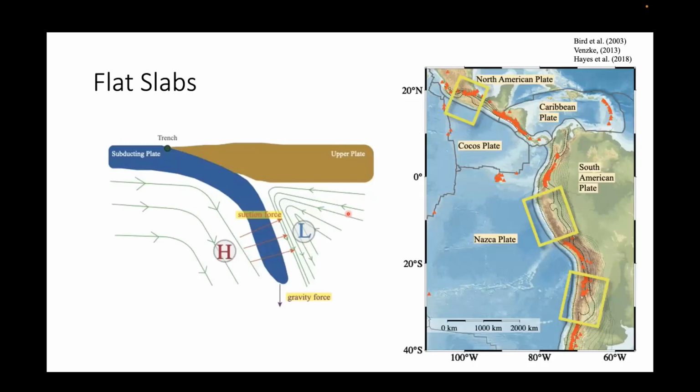And now let's change gear to look at the effect of the magma on the geometry of the subducting slab. And here, looking at Central and South America, there are three regions with a very flat angle of the subducting slab. A subducting slab usually dips between 30 degrees and 90 degrees in the mantle.